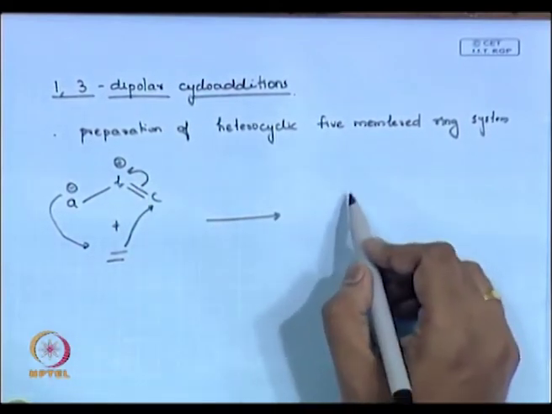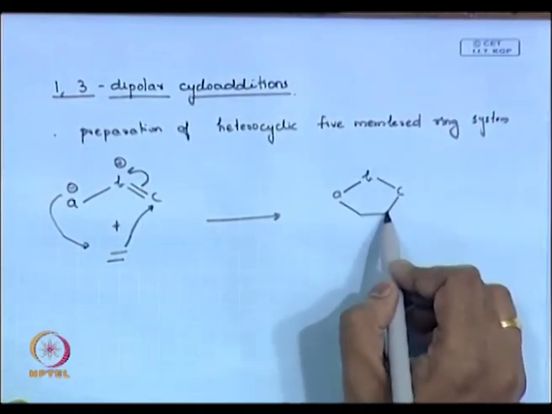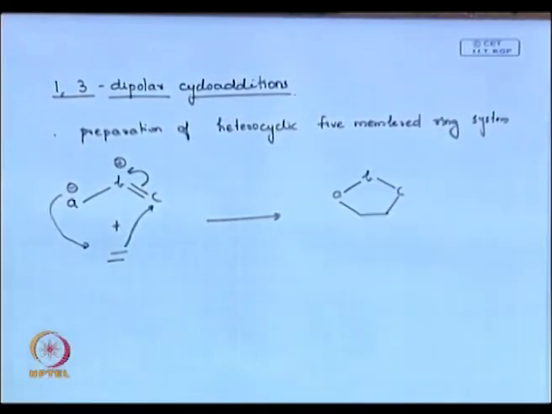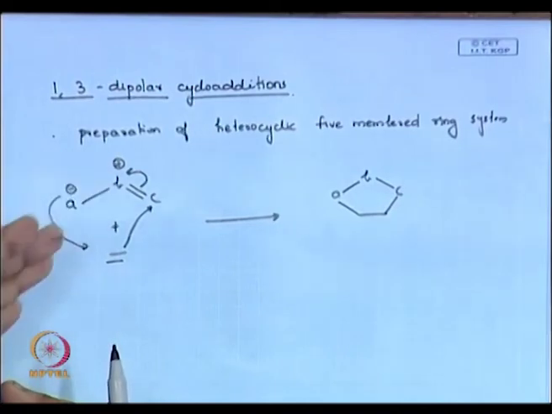Like this you end up with a general representation. Your A, B, C can be heteroatoms, but in the general representation you have this type.